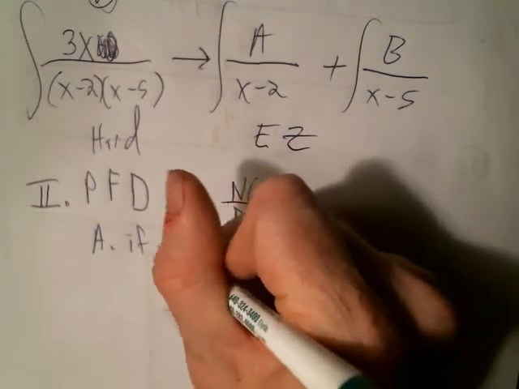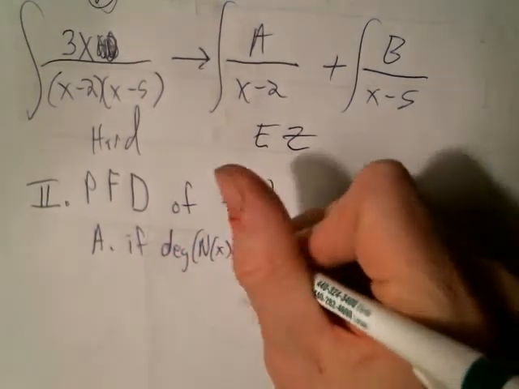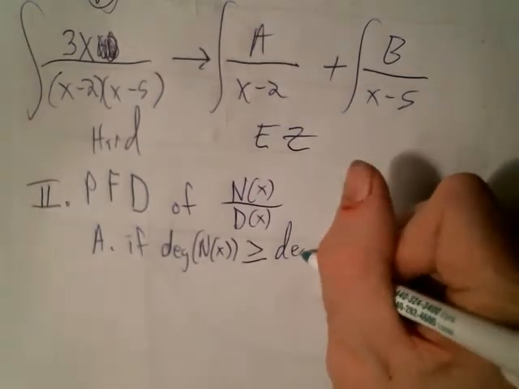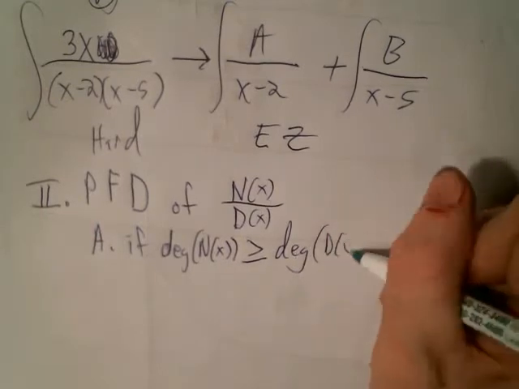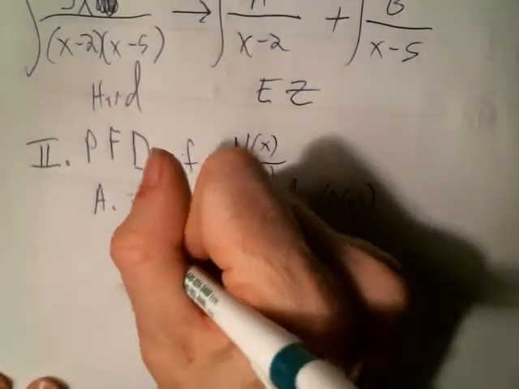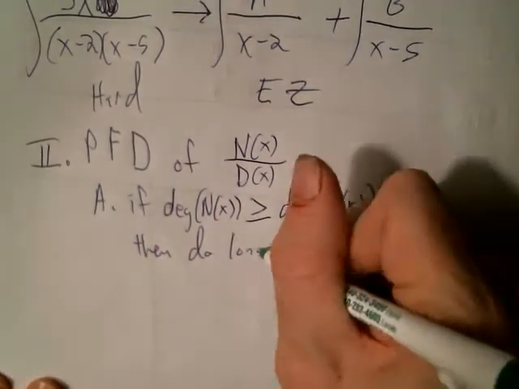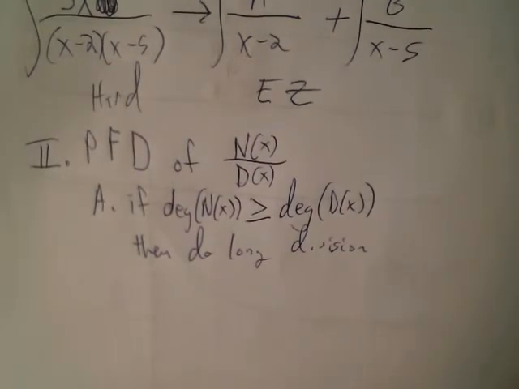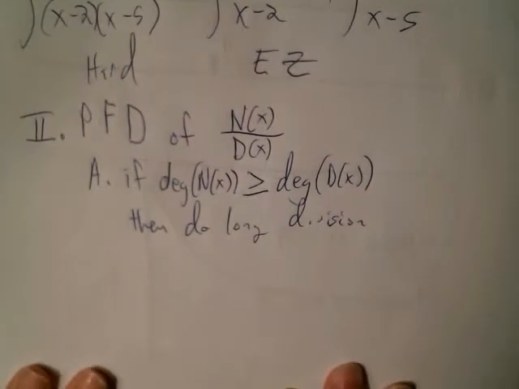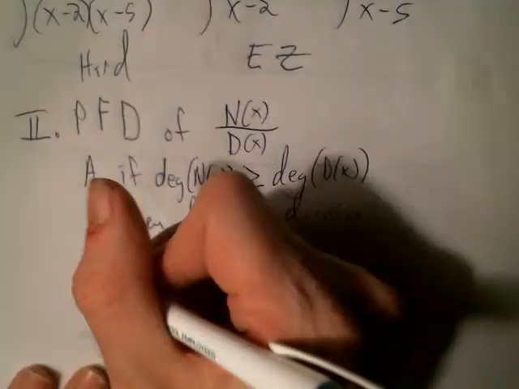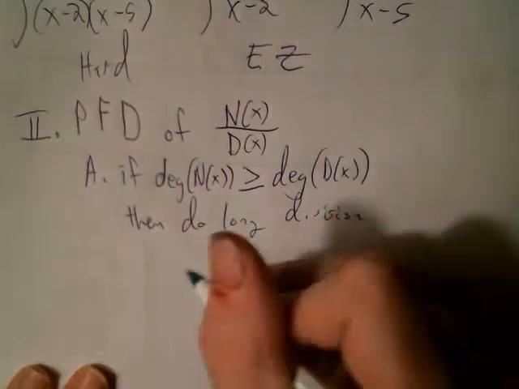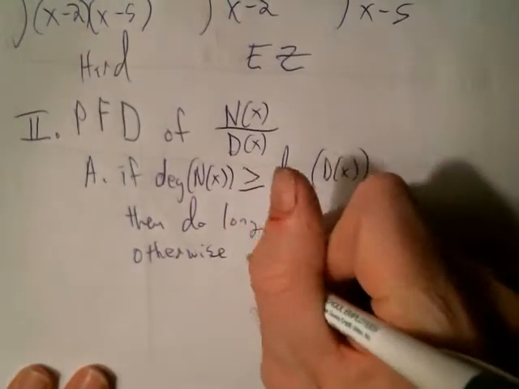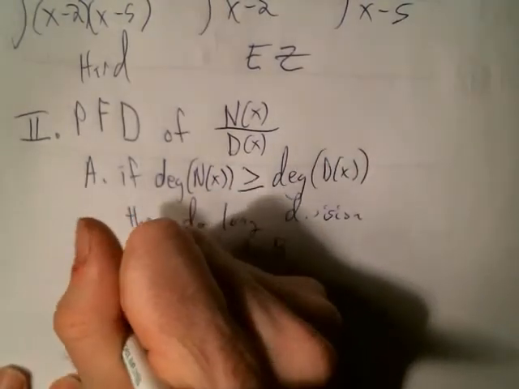So if the degree of the numerator function is greater than or even equal to the degree of our denominator polynomial, then do long division. Okay. It's only these other cases that we'll worry about for partial fractions. So otherwise, do this part A. Otherwise, go to part B. So B, right?